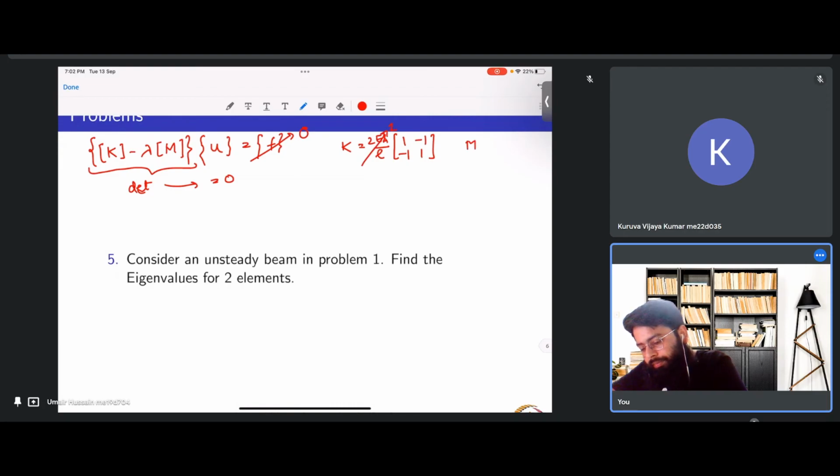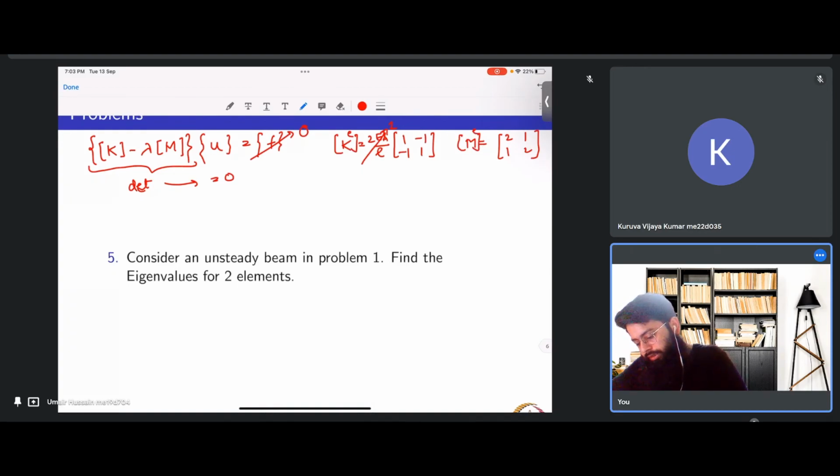And M, I'll also consider the coefficient as 1, 2, 1, 2. This is M. So for two elements, if we combine K and M, this is K for an element, M for an element.